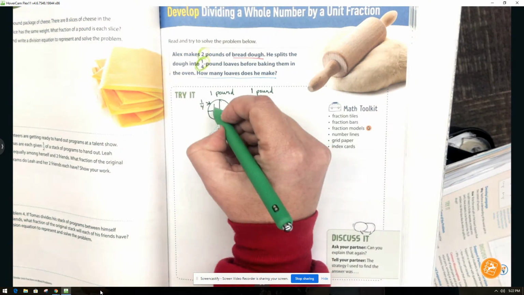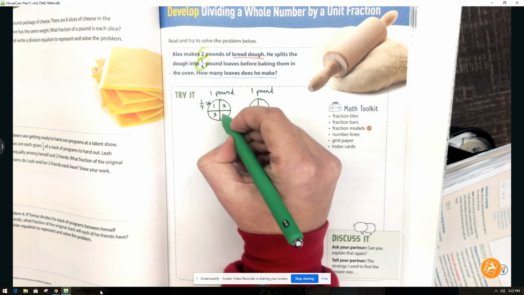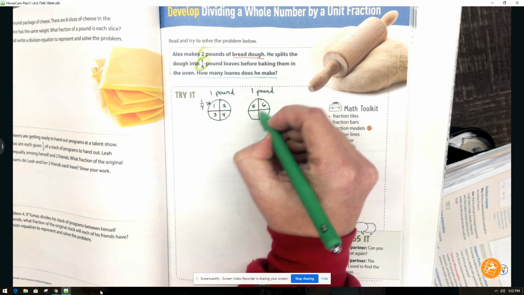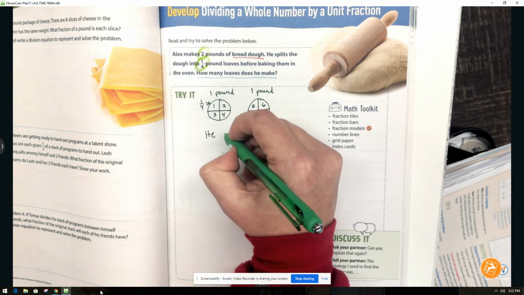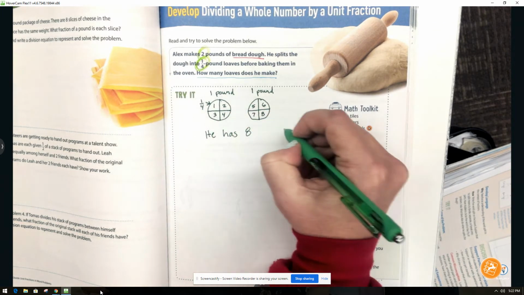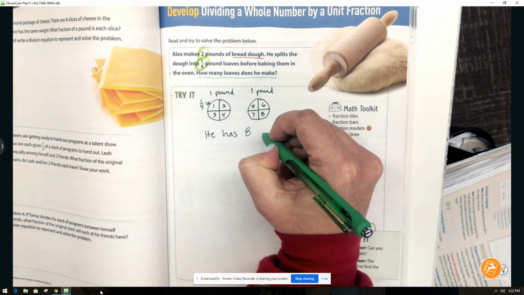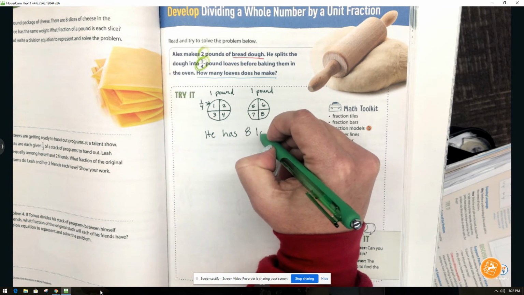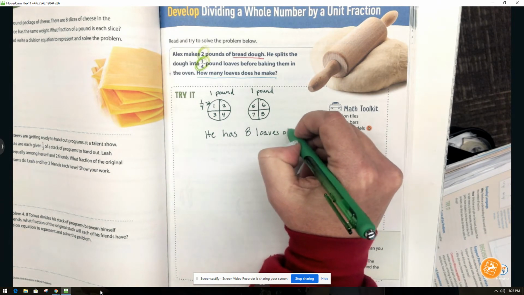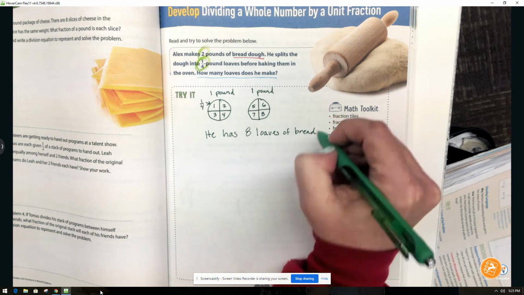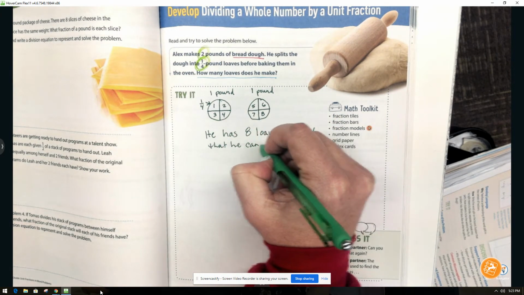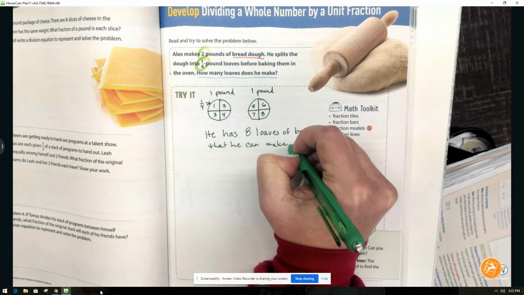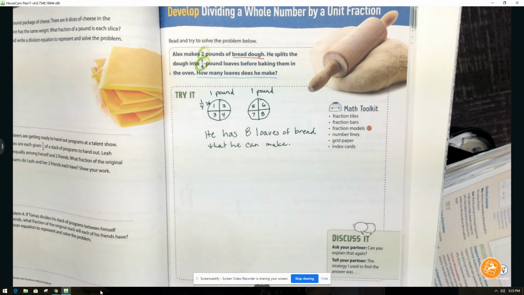So we have 1, 2, 3, 4, 5, 6, 7, 8. So he can make a total of 8 loaves of bread.